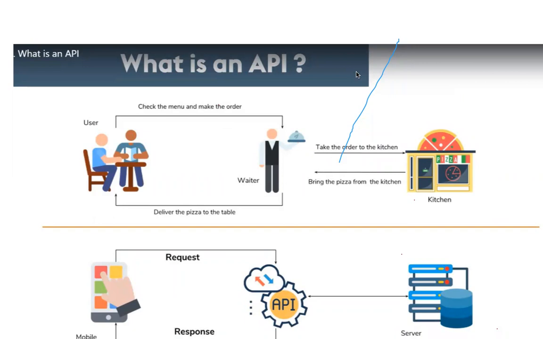We will see the menu card and order to the waiter. Very good. First you take the menu. From this menu, whatever you like, you are going to order something. Let's say you want biryani or some starter, a water bottle, whatever you want, you are going to order, right?